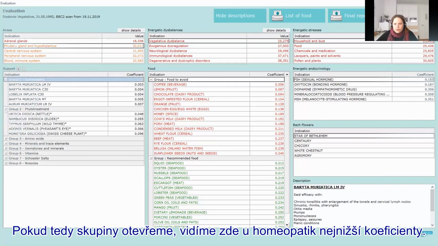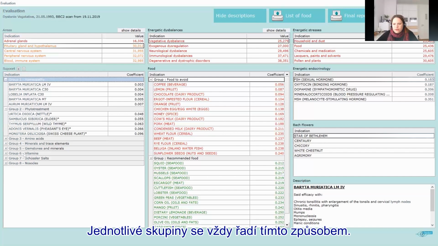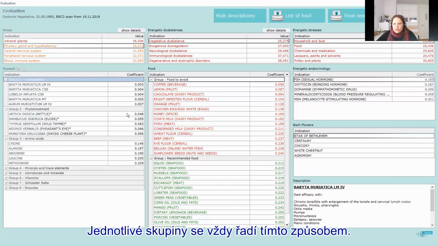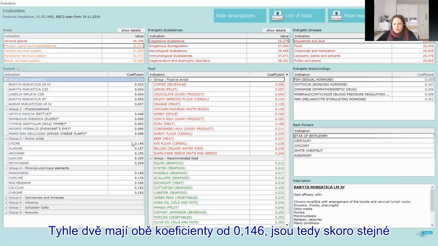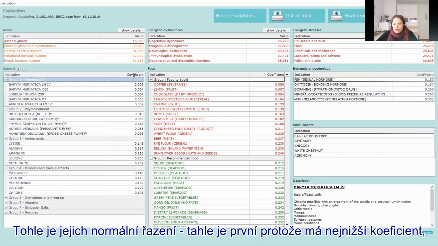So when you open the groups, you see that the homeopathic remedy has the smallest coefficient from the first etalon. And this is how these groups are listed under each other. So these are with a 1, 4, 6 nearly the same, but this is how they are normally listed. So this is the first group because it's the lowest coefficient.